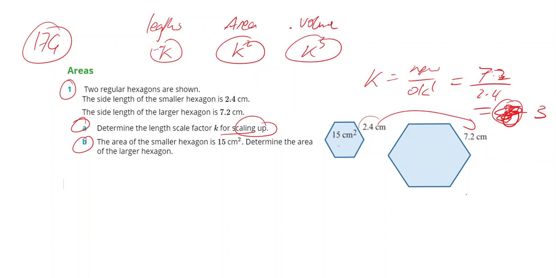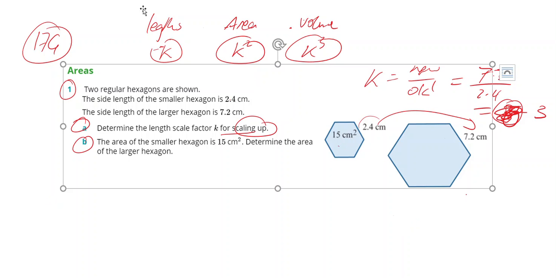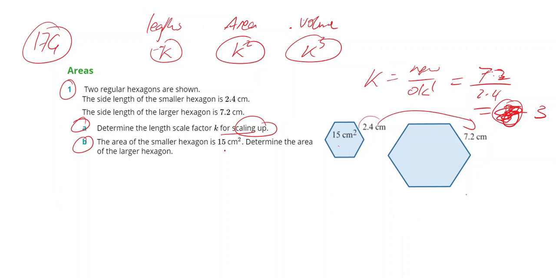It says find the area of the small hexagon. Well, the area of the small hexagon is 15 centimeters squared. Determine the area of the larger hexagon. So to get from smaller to larger, you just need to multiply by a scale factor. So we know that this is my old shape, this is my new shape. So the new area would equal K squared multiplied by my old area.